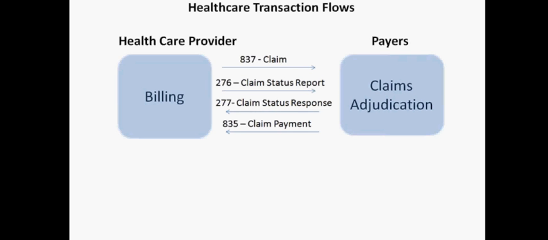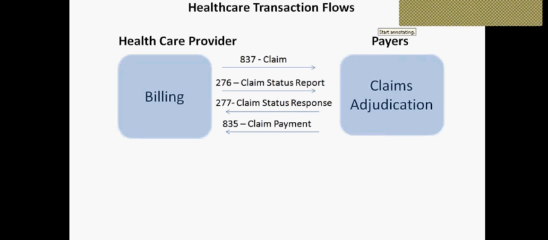So first, let me pull this. Right. For example, if you see the 837 transaction, it's always generated by a billing provider. That means your healthcare provider, right? So they are the ones who generate the claim transaction. Then it goes to the payers. And the payers are the ones who would adjudicate.